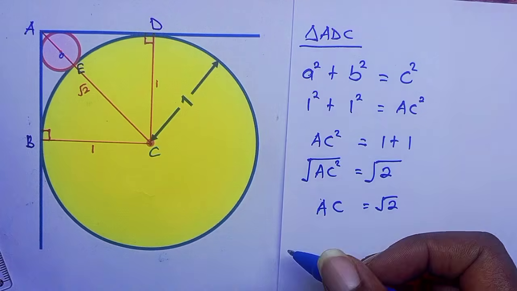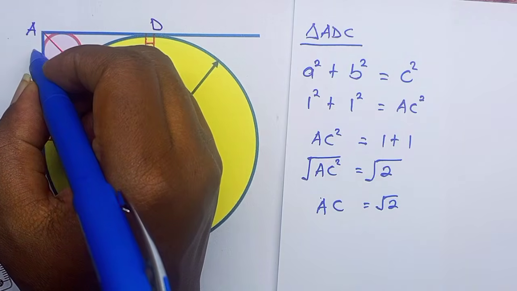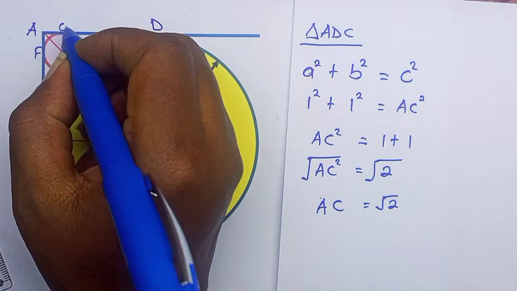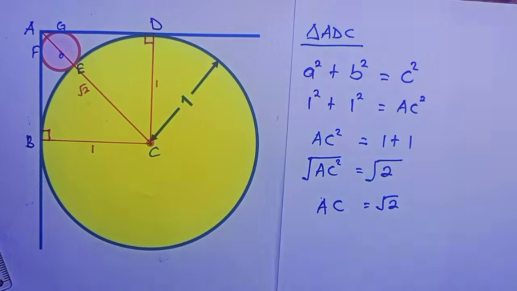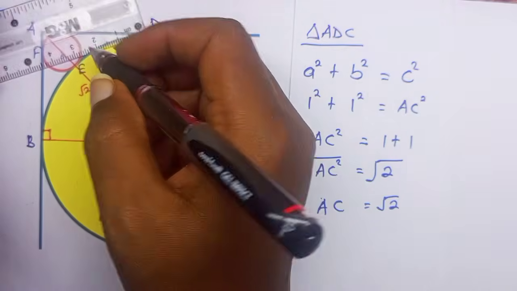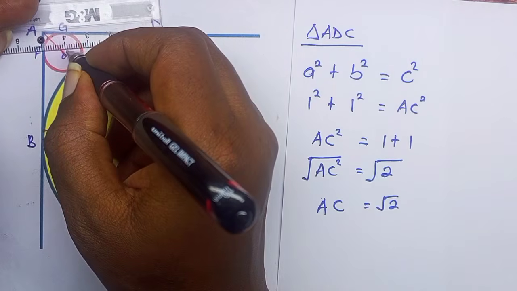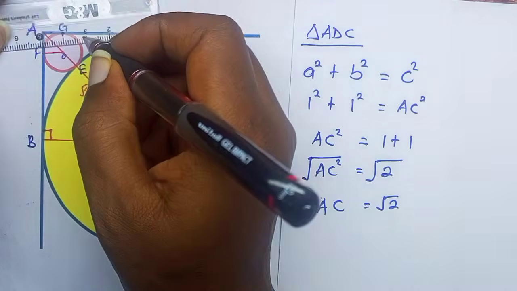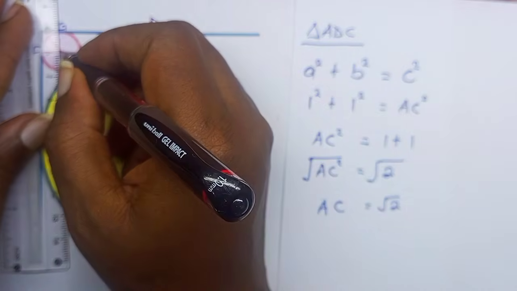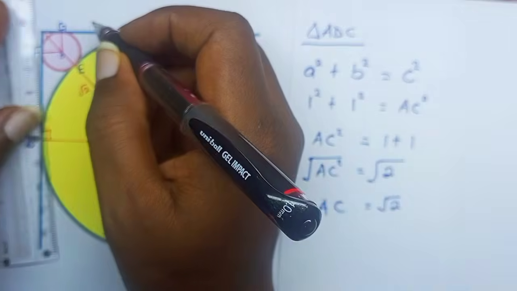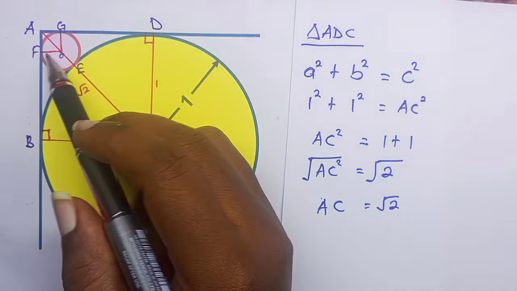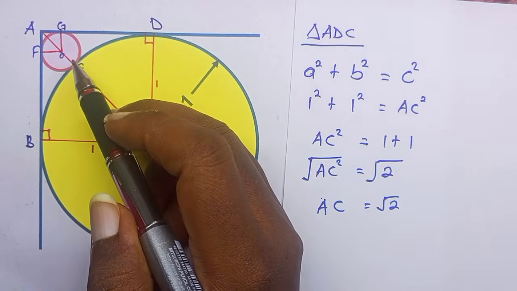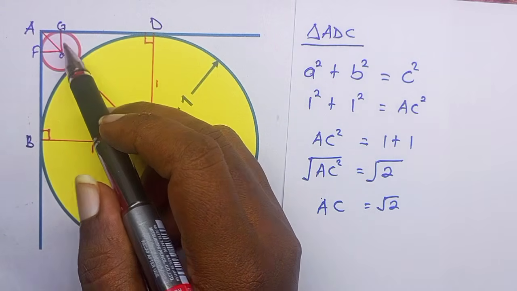Now focusing on our small circle, let this point of tangency be F and this G. Next, let us connect center O to point F. Connect O to F and O to G. As you can see, FO and GO are radii of the small circle.